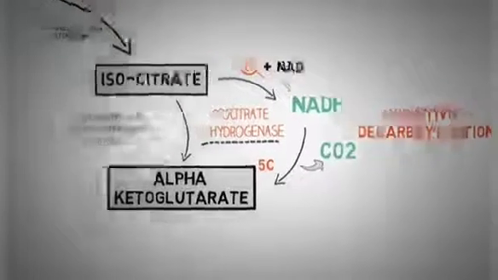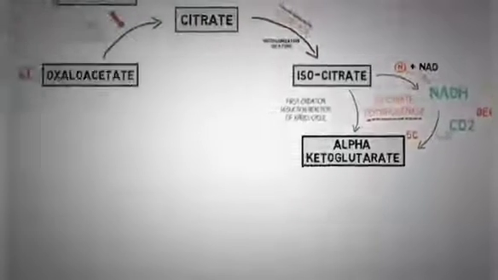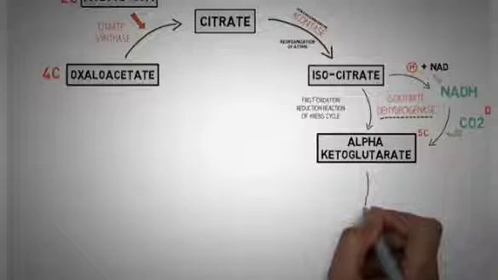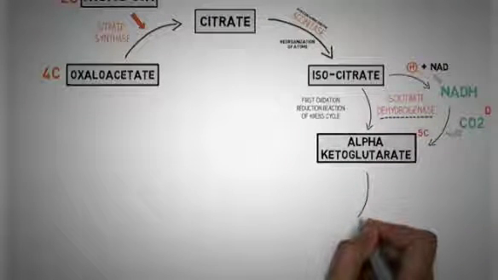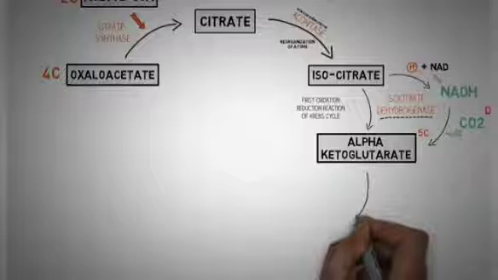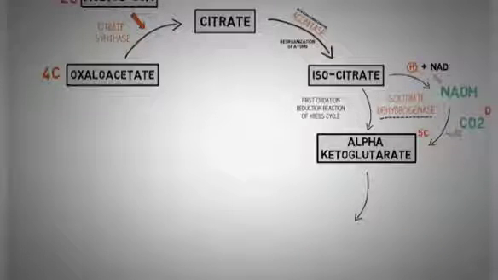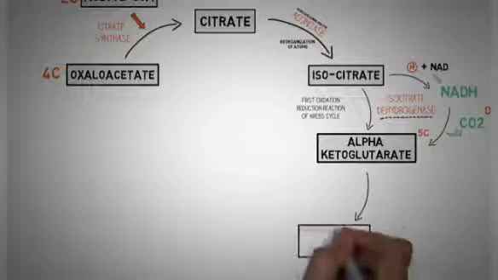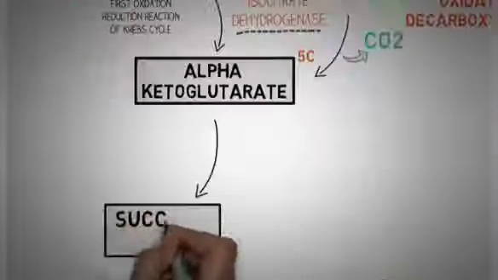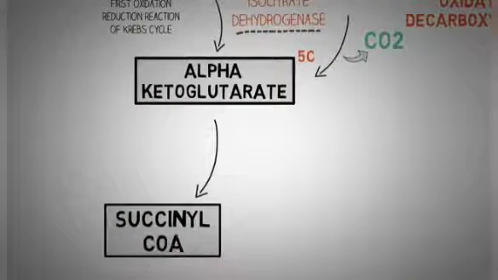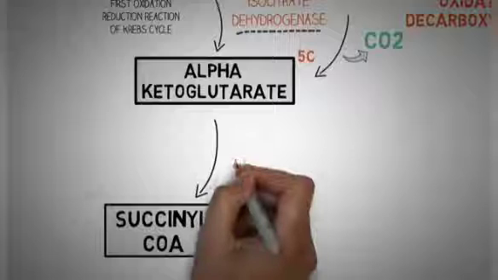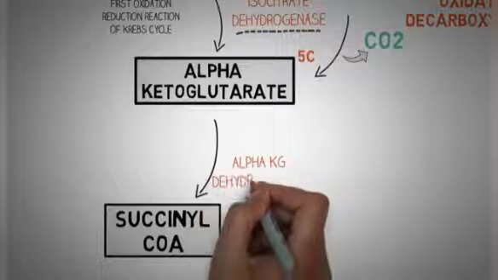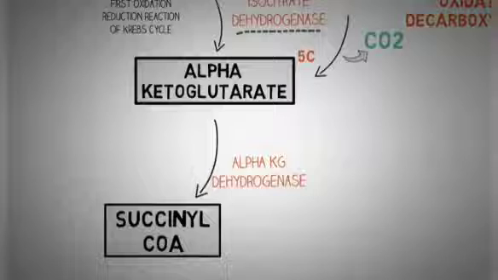The conversion of isocitrate into alpha-ketoglutarate is followed by a second oxidative decarboxylation reaction, the formation of succinyl-CoA from alpha-ketoglutarate. This reaction uses the enzyme alpha-ketoglutarate dehydrogenase that catalyzes a similar oxidative decarboxylation of alpha-ketoglutarate.